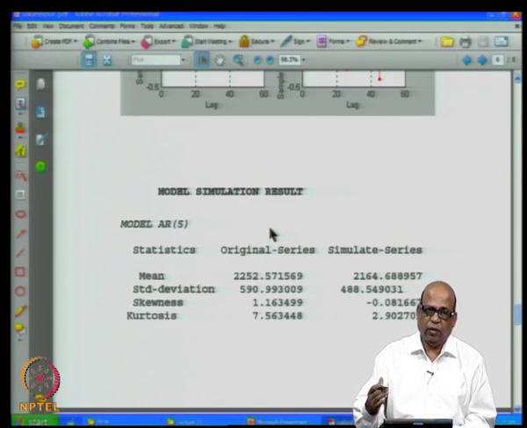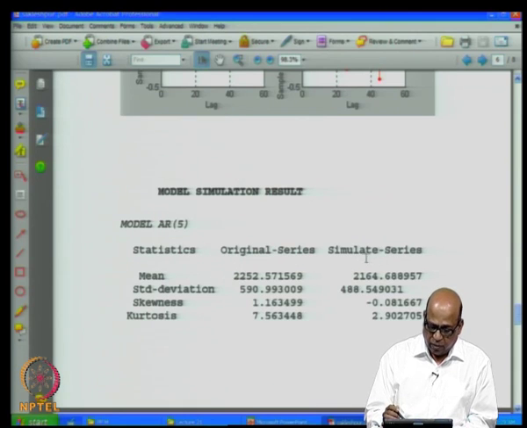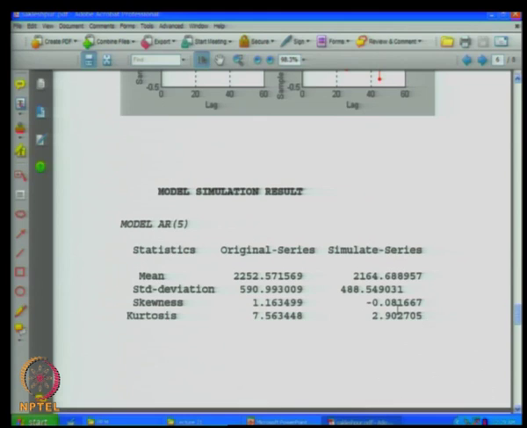We simulate the data and then compare the mean of the simulated series with the original series. Similarly, the standard deviation compares 488, 590. Then there is a skewness of minus 0.01867 and this is 1.167, kurtosis 2.90, 7.56.